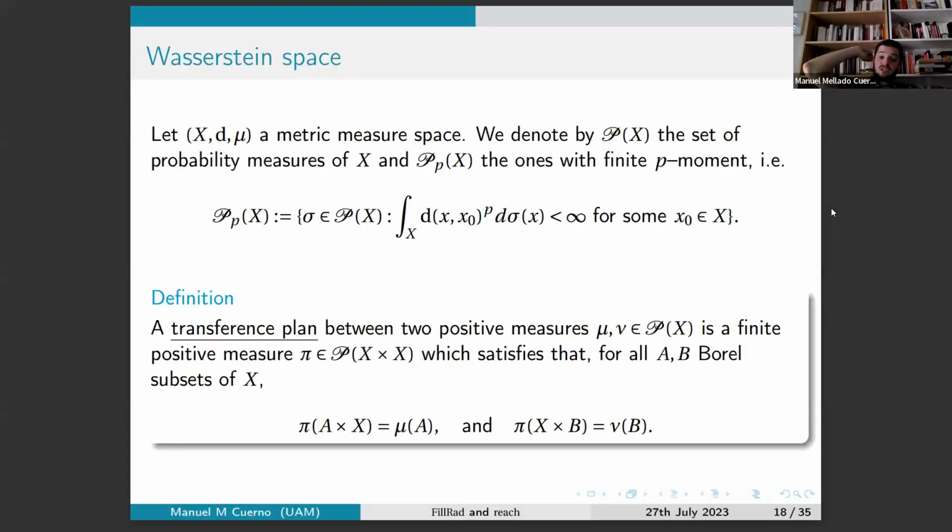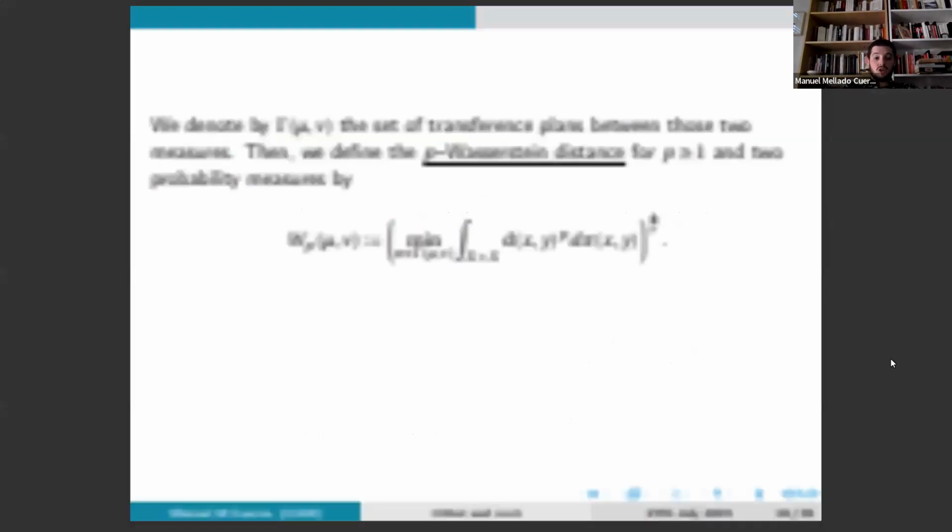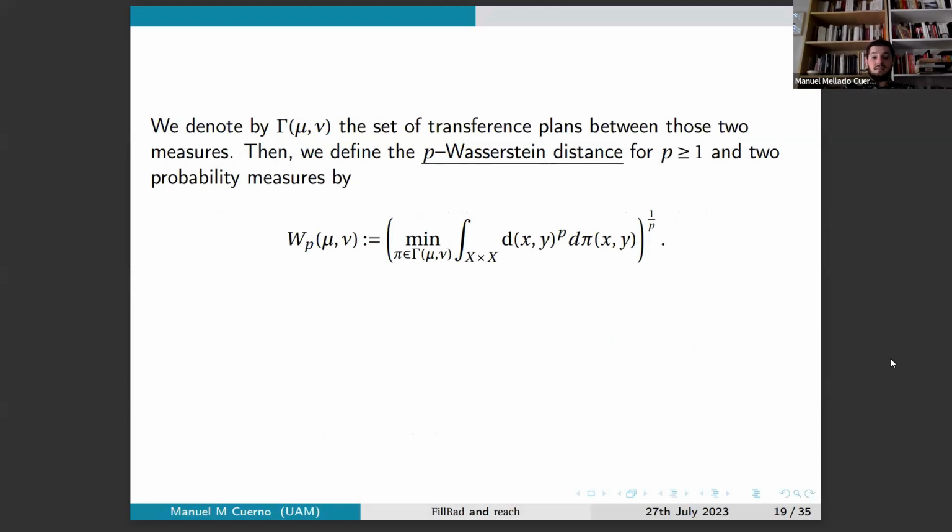Moreover, we can define a transference plan between two positive measures, mu and nu, as a finite measure pi which satisfies the condition that its marginals are mu and nu. So we can define the p-Wasserstein distance between these two probability measures as the minimum, over all the transference plans, of this integral.